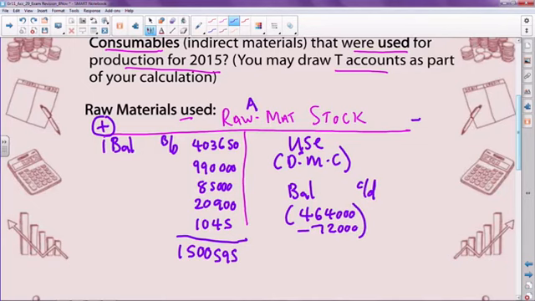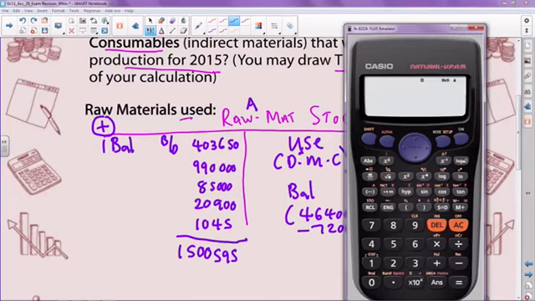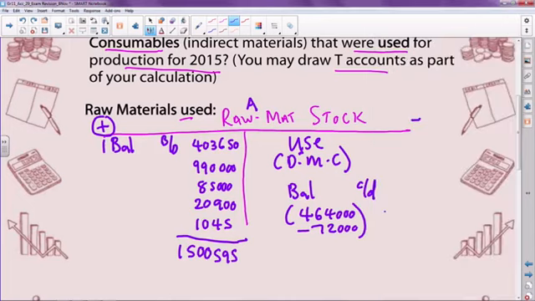Right, so let's now work out what is the value of my closing stock, the actual value of closing stock. So 464,000 minus the error of 72,000, and the correct closing stock is 392,000. Okay, right, so immediately now, guys, how much of stock did I use?